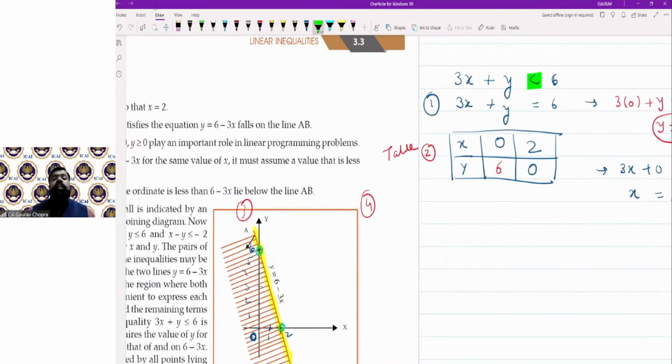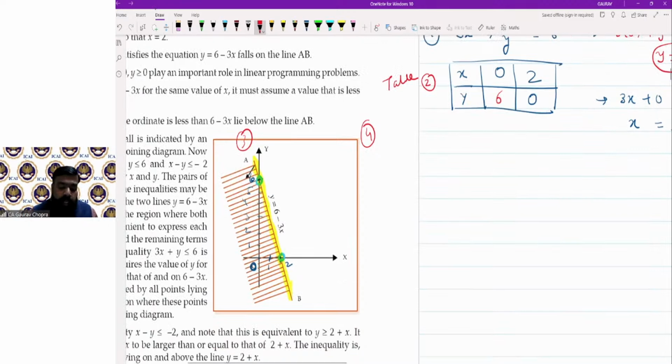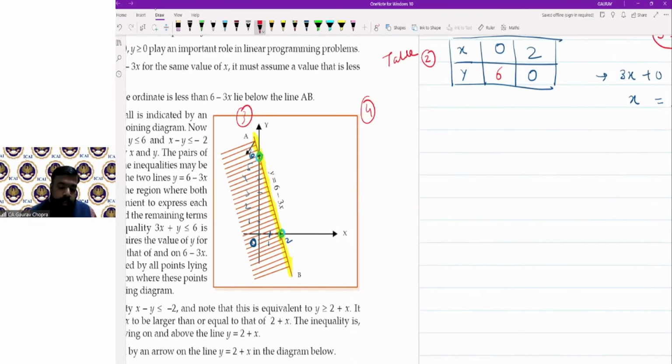The sign is less than. So whenever it is less than, then we have to go towards the origin. So towards the origin, तो हमारा shaded area कौन सा होगा? This will be towards the origin. This will be the required area.